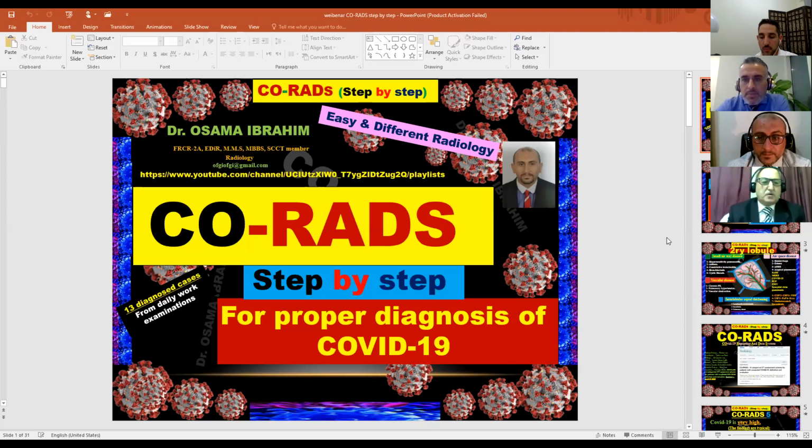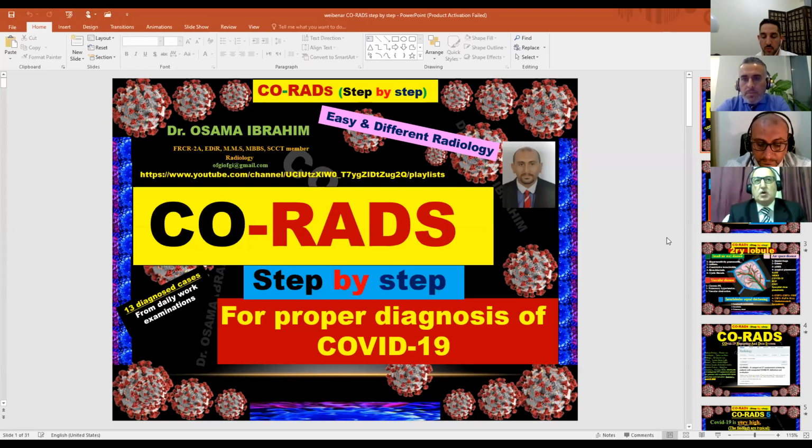For corticosteroid, the RECOVERY trial showed dexamethasone 6 milligram once a day, whether oral or IV, for 10 days. But other observational studies also show that an equivalent dose of prednisolone 40 to 60 milligram per day, or methylprednisolone in the range of 1 milligram per kilogram body weight, split into 2 doses per day, also gives the same results.